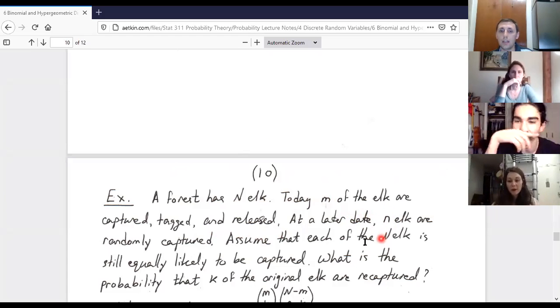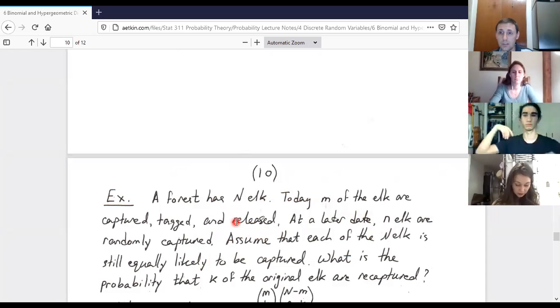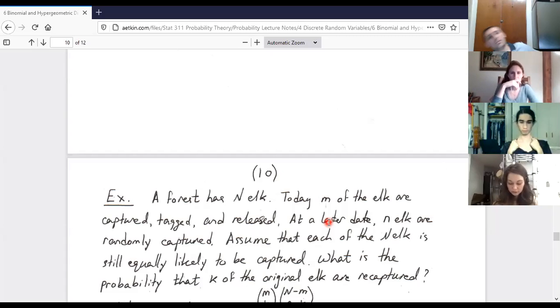Assume that each of the N elk is still equally likely to be captured, because they're stupid, so they don't really change their behavior. They're just as likely to be captured as those that did not experience the situation. What is the probability that K of the original elk are captured? Do you understand the question, guys? See if you can solve it.